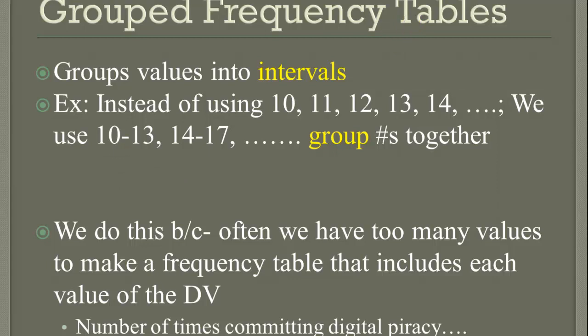A good example: a lot of my own research is on digital piracy, and one of the questions I often ask for my dependent variable is how many times. A lot of my research is giving surveys out for self-report data, so let's say we're giving out a survey asking people how many times they participated in digital piracy over the last year. Well, I can tell you that you're going to get a pretty big range on that.